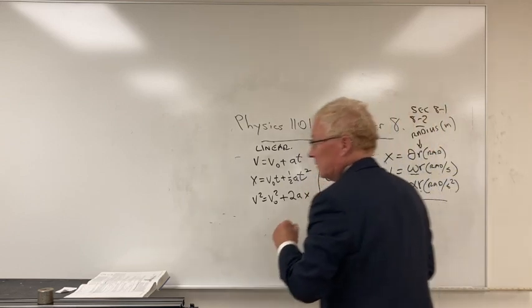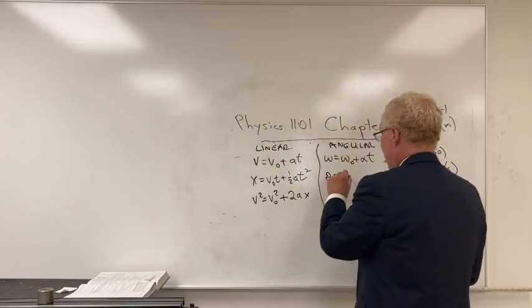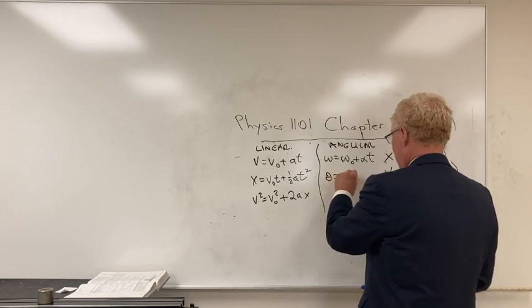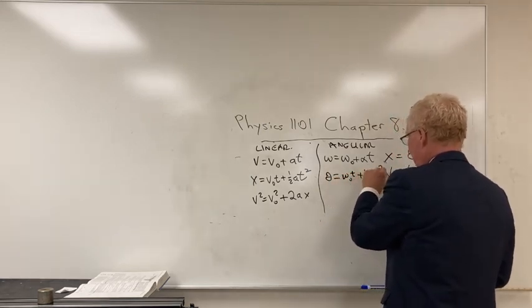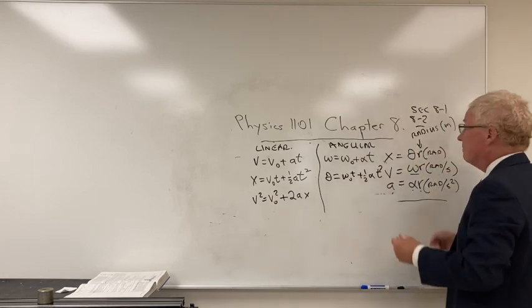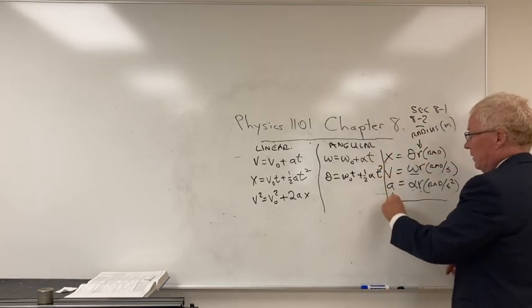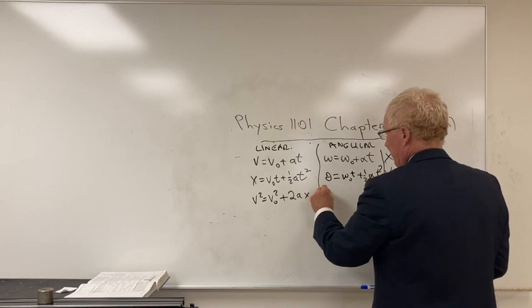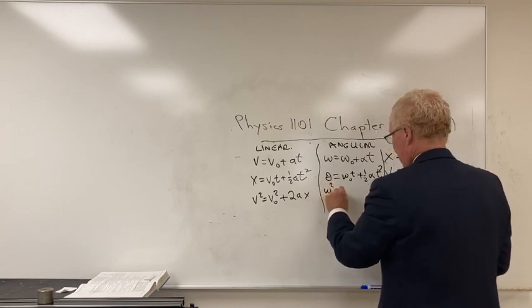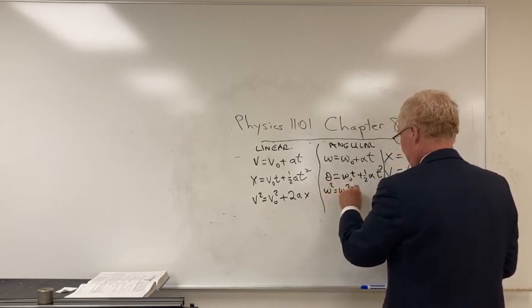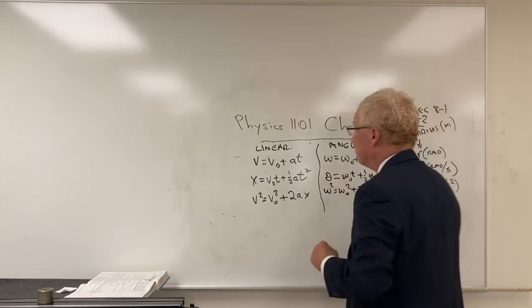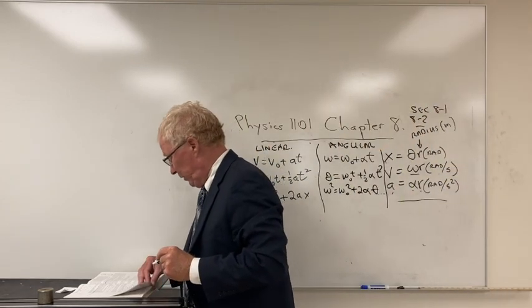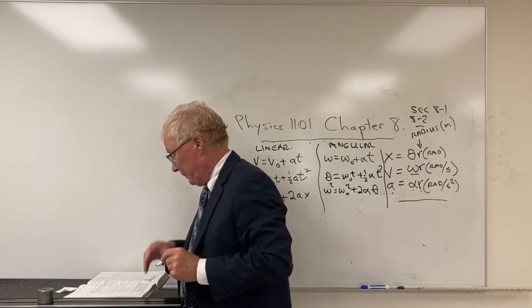Theta is omega naught times t plus 1/2 alpha t squared. Those are almost exactly the same, just interchangeable in that regard. And omega squared is omega naught squared plus 2 alpha theta. So those are our expressions for angular motion.